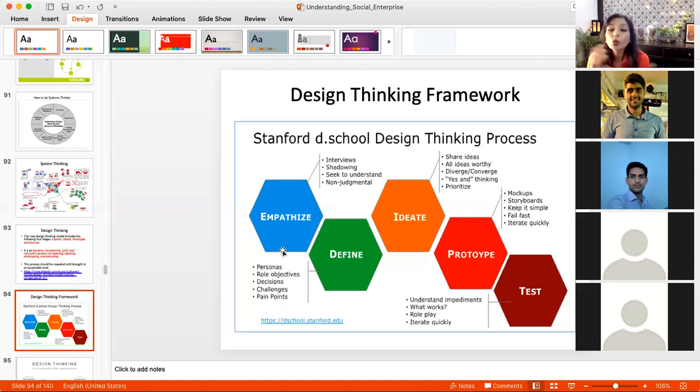So then you diverge or converge. If the idea requires more interconnections, more research, more data, then you go ahead and do that.